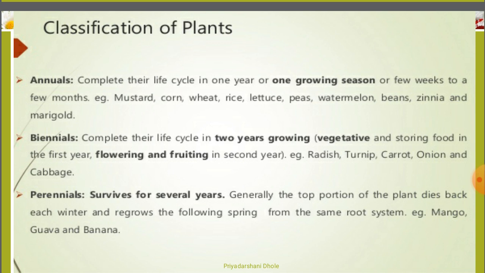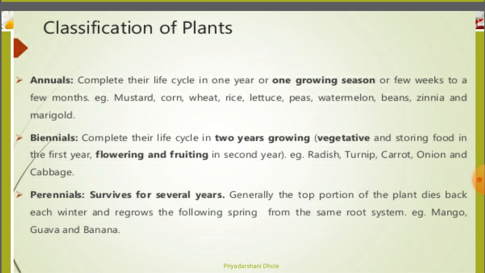Example: mustard, corn, wheat, rice, lettuce, peas, watermelon, beans, zinnia, and marigold. This type of plant requires a complete 1 year to complete the life cycle, and therefore it is called annual, or 1 week or a few weeks are required. In this period their whole life cycle is completed, and such type of plant is called an annual plant.